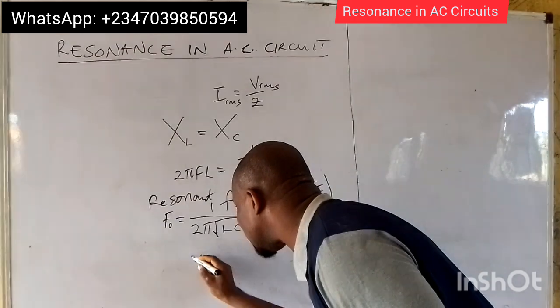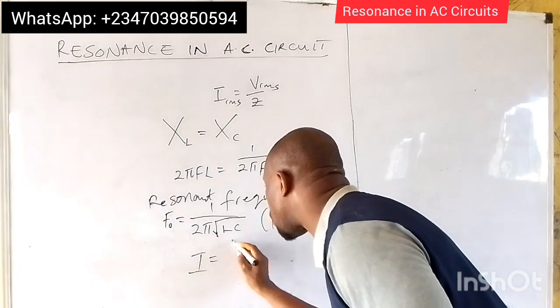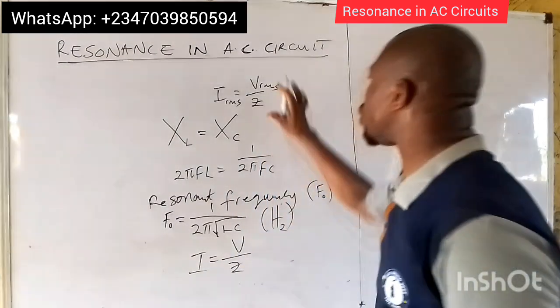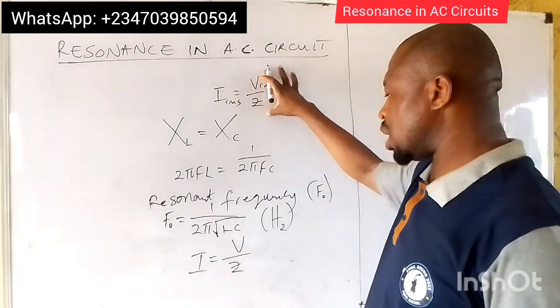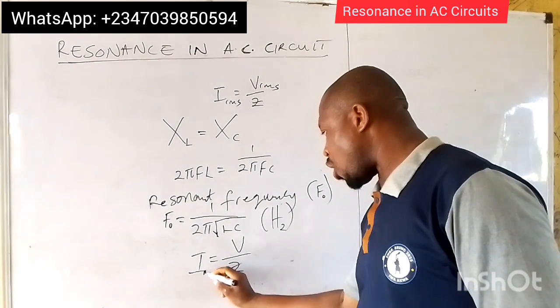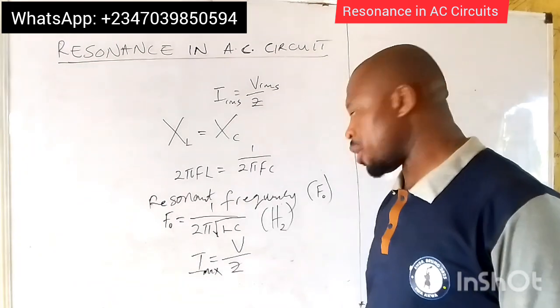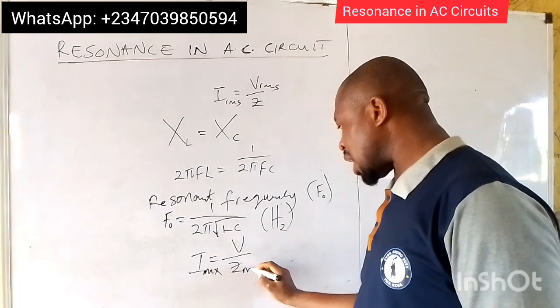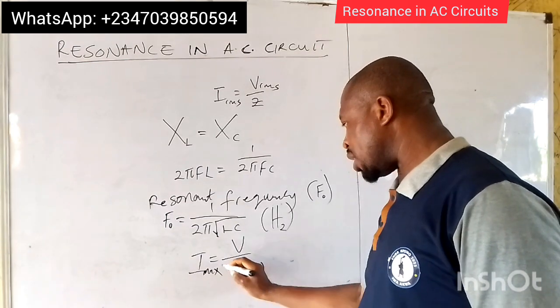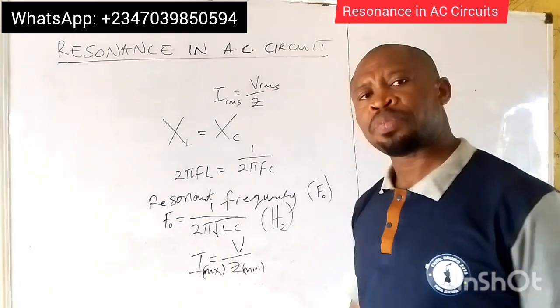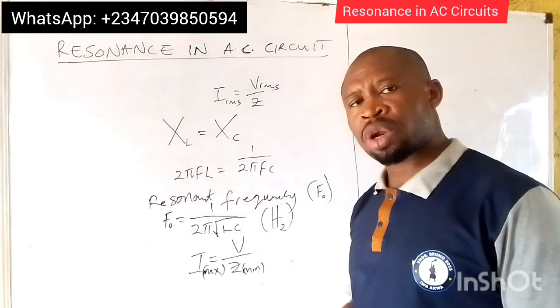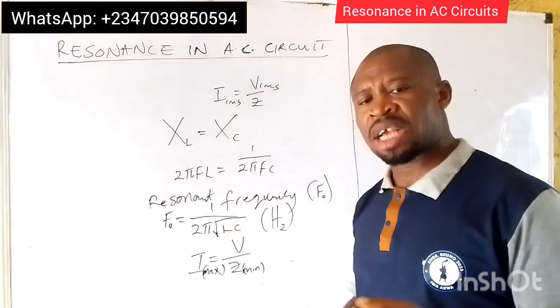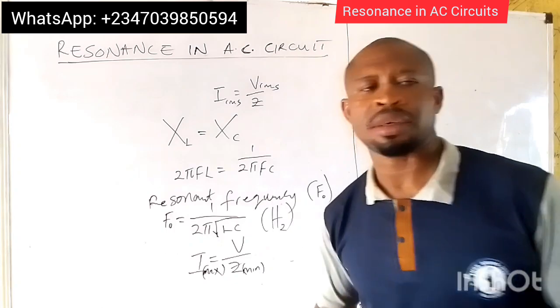Therefore, at resonance, I becomes equal to V over Z. At this point, the current is maximum and the impedance is minimum. Let us take one or two calculations to add flesh to what we have just said.